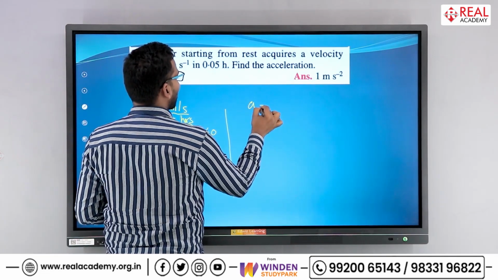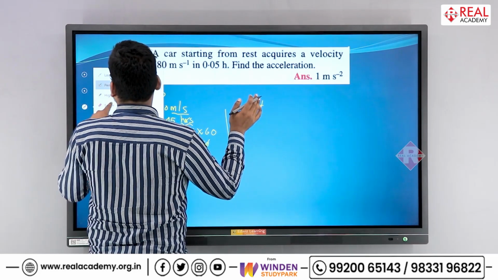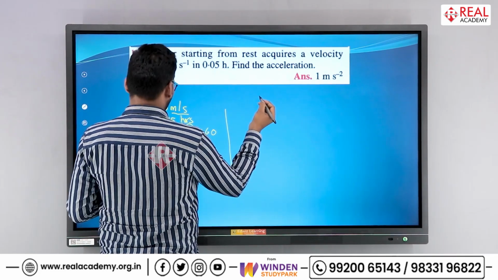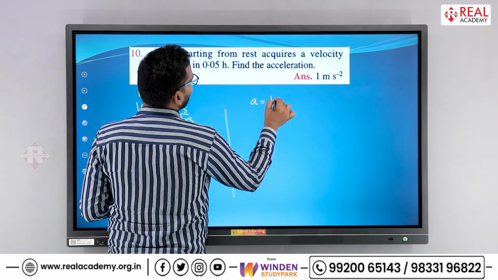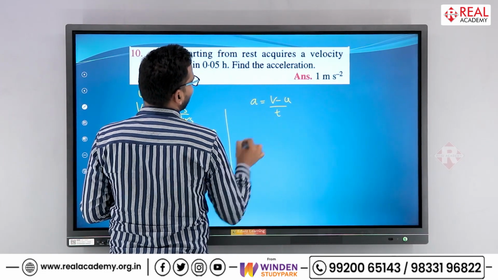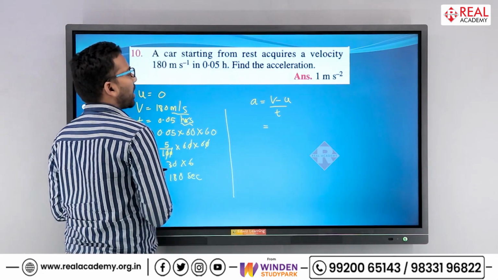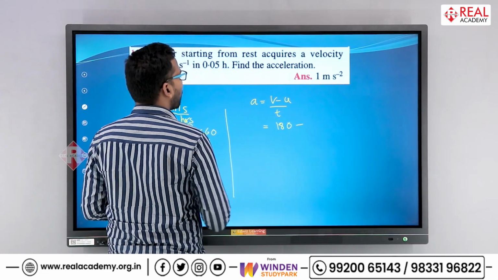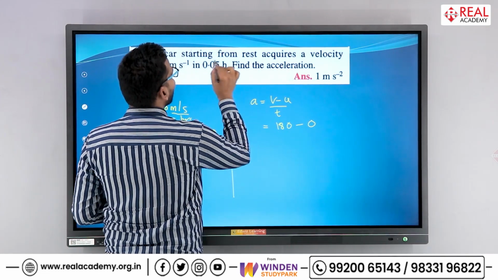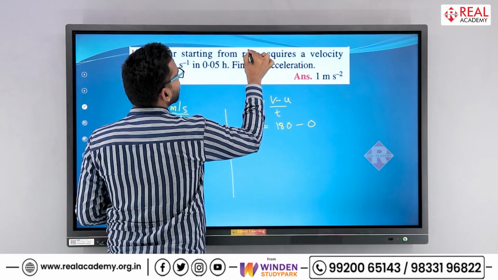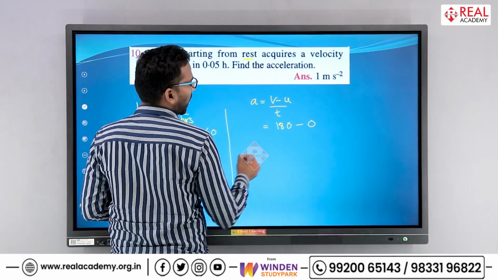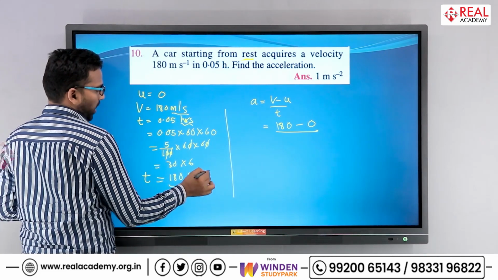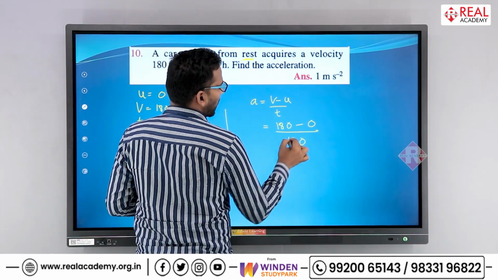What is the acceleration? Acceleration is the formula we have just learned in the last question, that is a is equal to v minus u by t. What is v? 180 meter per second. What is u? Initially the body is starting from rest, so u is equal to 0, upon t. T is in seconds, that is 180 seconds.